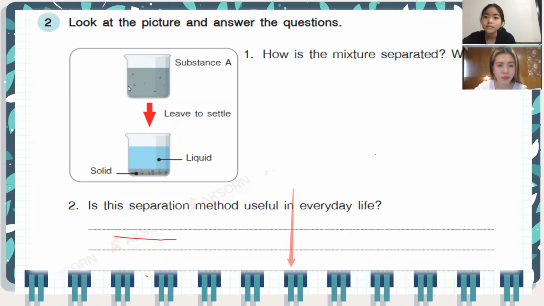Because the muddy water is left to settle down in the bottom of the glass. Yes, that is right. Because when we leave the muddy water to settle down, the solid will go through the bottom and then it will be separated. So that's how you say it.